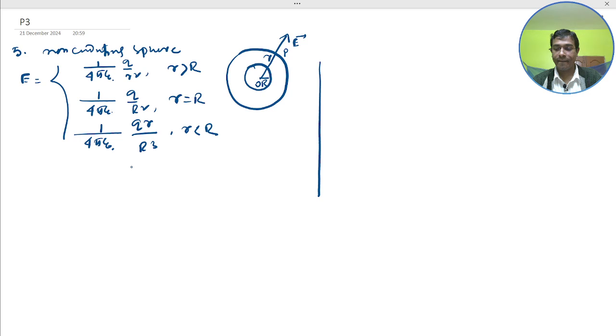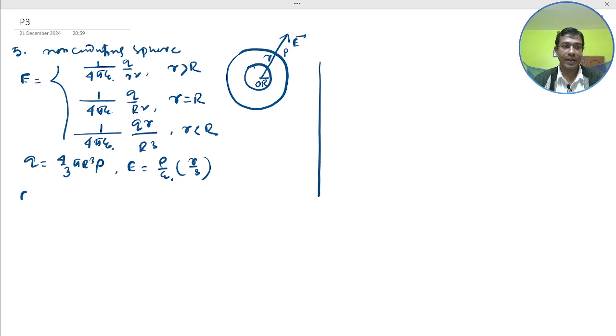So here the charge Q is 4/3 pi R cube rho, and the electric field is rho by epsilon naught times r by 3. E is proportional to 1 by r square when r is greater than capital R, and E is proportional to r when r is less than R, this is the important case.